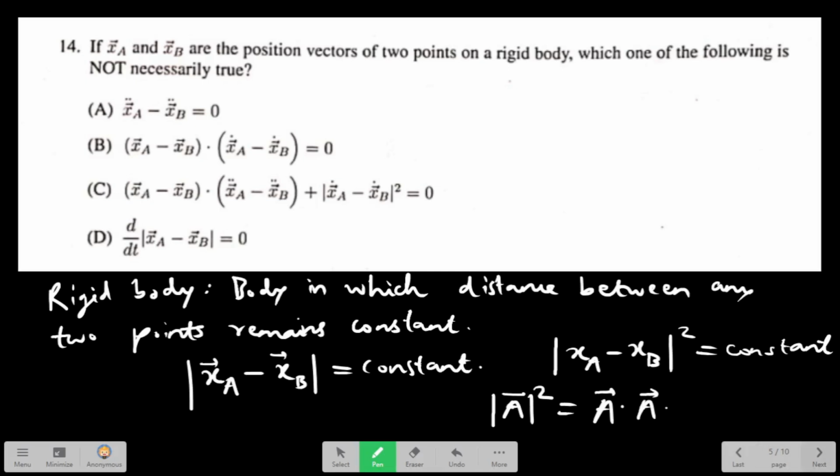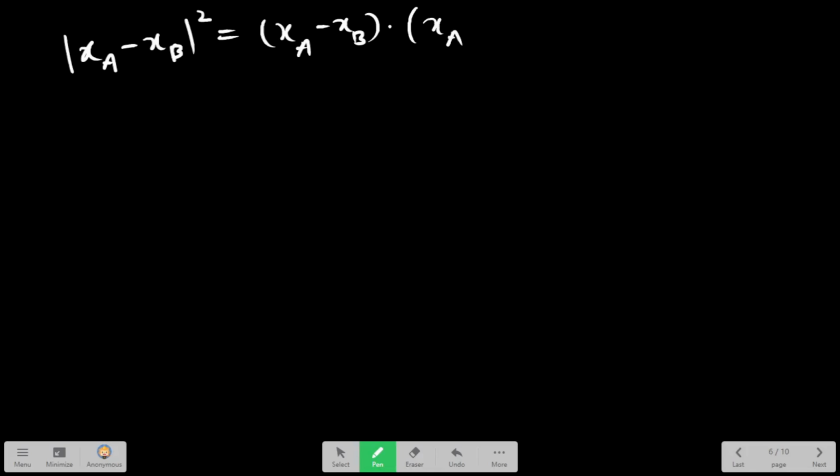Therefore, we can write modulus of xa minus xb square is equal to xa minus xb dot xa minus xb. All of these are vectors, and we are saying that this is equal to constant for a rigid body.